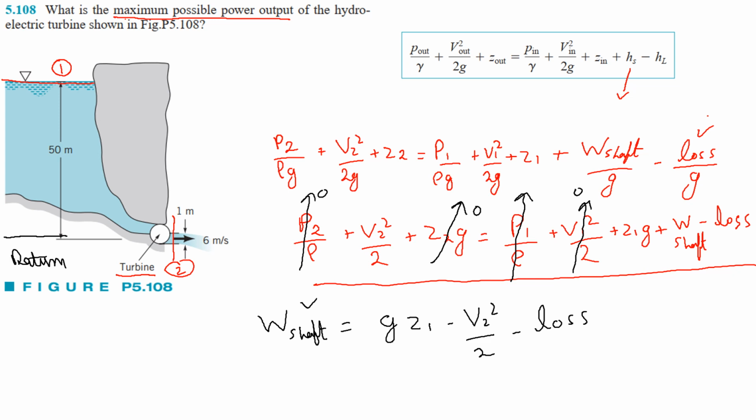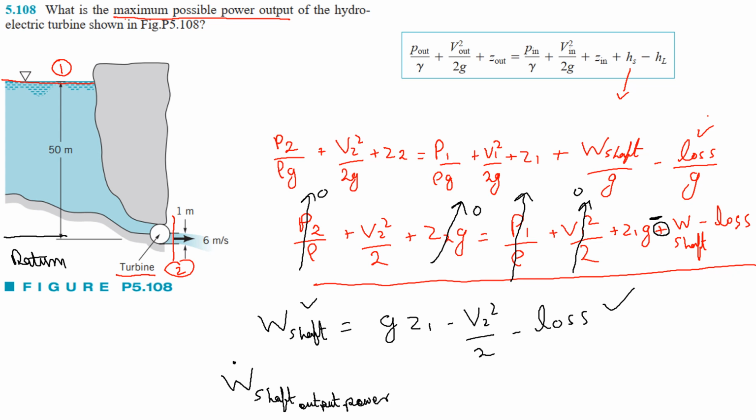To mention one thing, this positive sign here will be written as negative, because the fluid is doing work on the turbine, the fluid is losing energy, so this positive sign will be converted to negative here, and then we will rearrange our equation like this. Now multiply both sides by m dot, so we will get our W dot, that is the shaft output power.